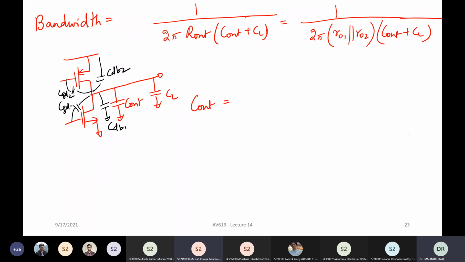Correct. And using Miller effect, you can write CDB1 plus CDB2, CGD1 plus CGD2. Okay. Any doubts? Any questions so far?